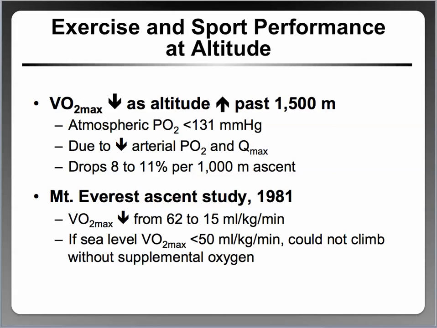If somebody had a VO2 max of less than 50, basically by the time they got up to the top of Mount Everest, that VO2 max would decrease to around 5 milliliters per kilogram per minute. So essentially it wouldn't be hardly enough to provide for your resting metabolic rate, let alone exercise at a maximal level.